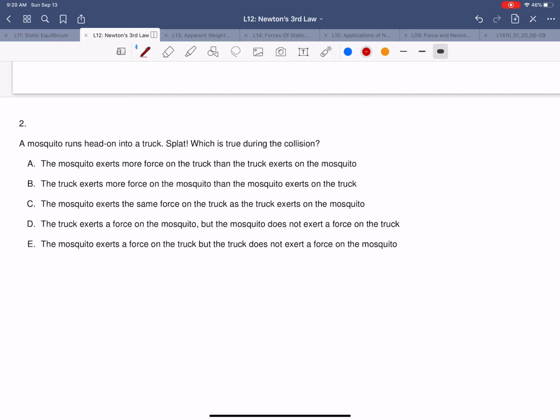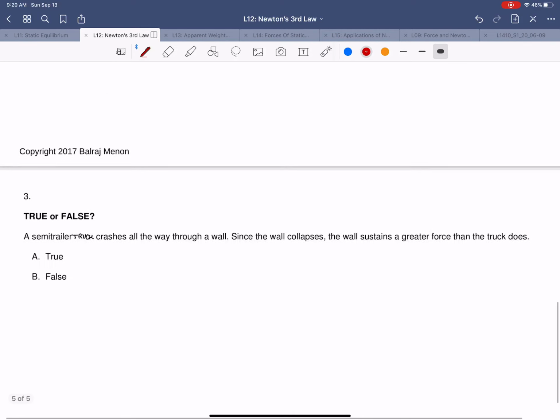In this situation, according to Newton's third law, whatever force the truck exerts on the mosquito, the mosquito exerts the same force on the truck. Okay, and we'll come back and talk about this.